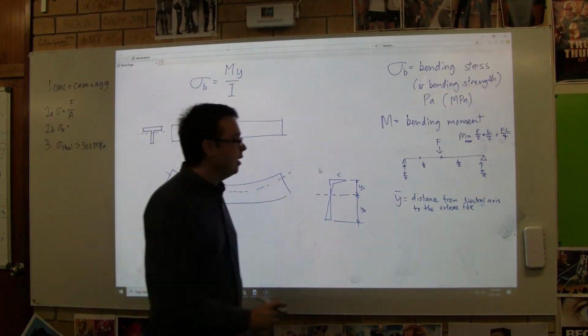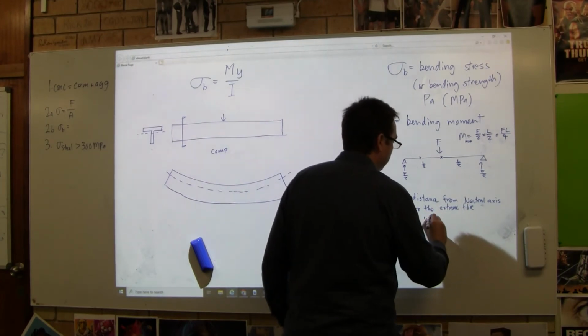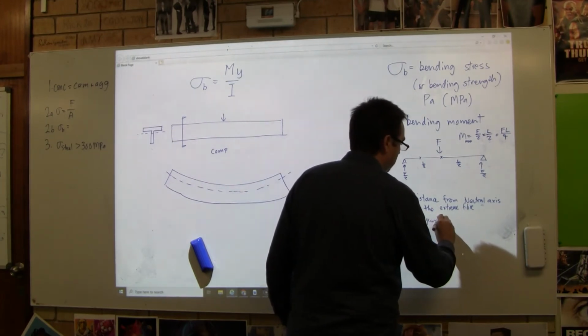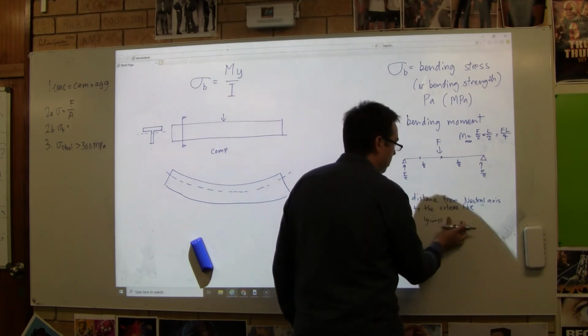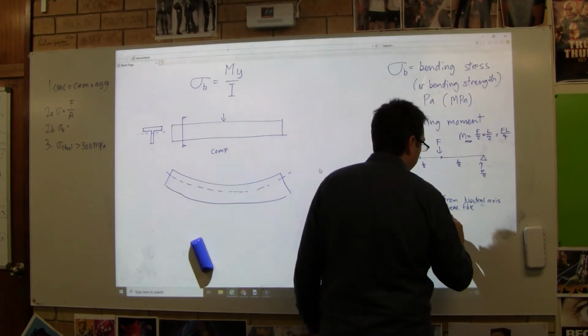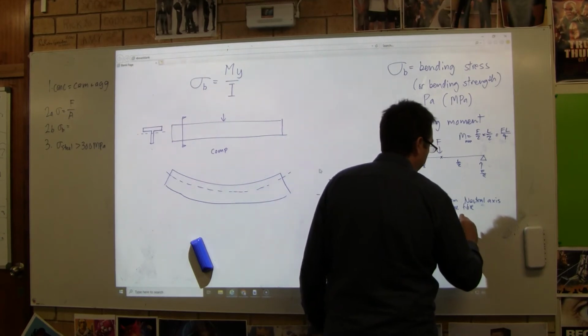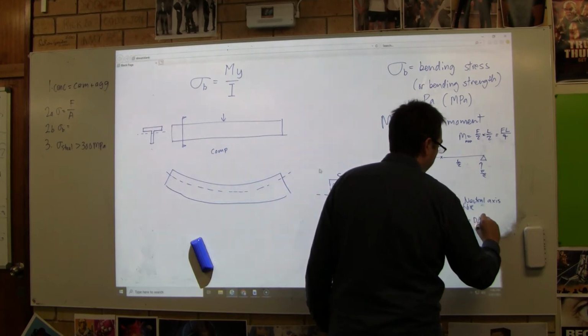So in this case, YC is not always equal to YT, which is often equal to D on 2, but not always.